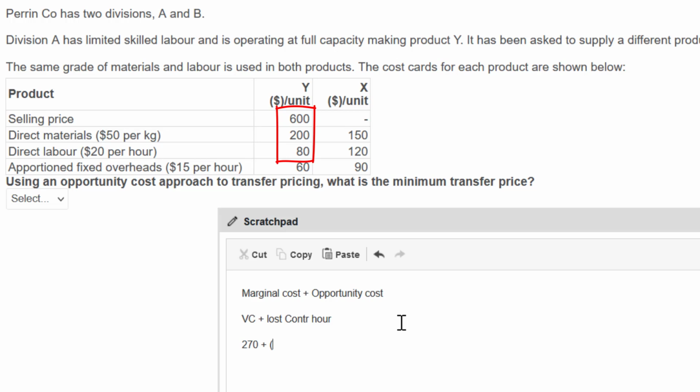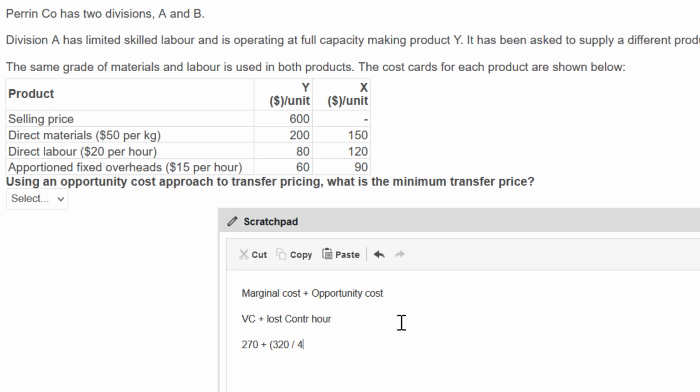So I can do that with mental math. 600 minus 280 is going to be 320. And how many hours does it take per unit? Well, it takes $20 per hour, and we see that the cost is 80. So 80 divided by 20 is then 4. Okay, so divide by 4, that's the contribution.